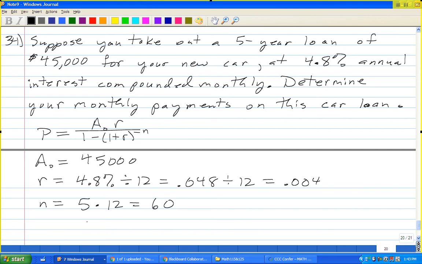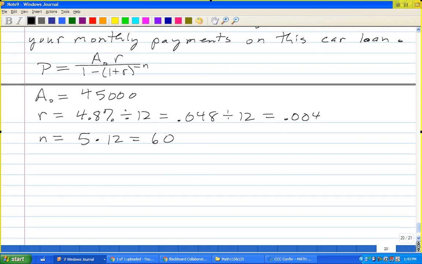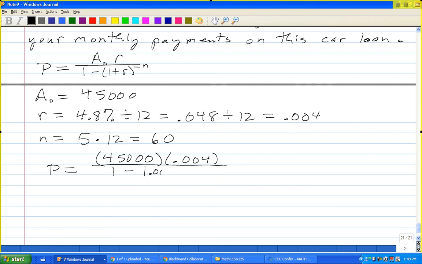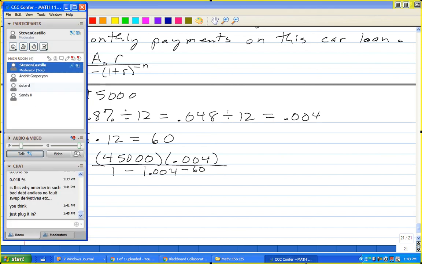So P is equal to A0 R over 1 minus (1 plus R) to the negative N. I'm just plugging it into the formula.